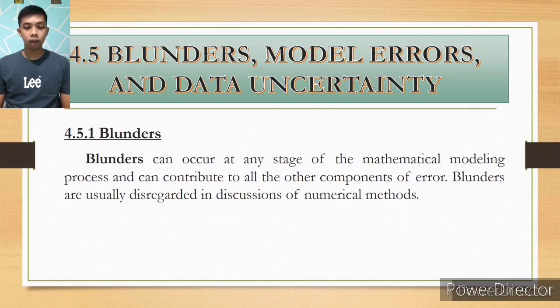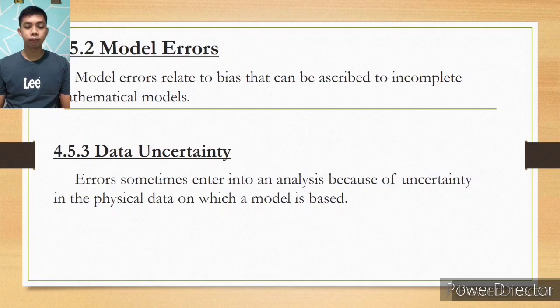Blunders, model errors, and data uncertainty. Blunders can occur at any stage of the mathematical modeling process and can contribute to all the other components of error. Blunders are usually disregarded in discussions of numerical methods.